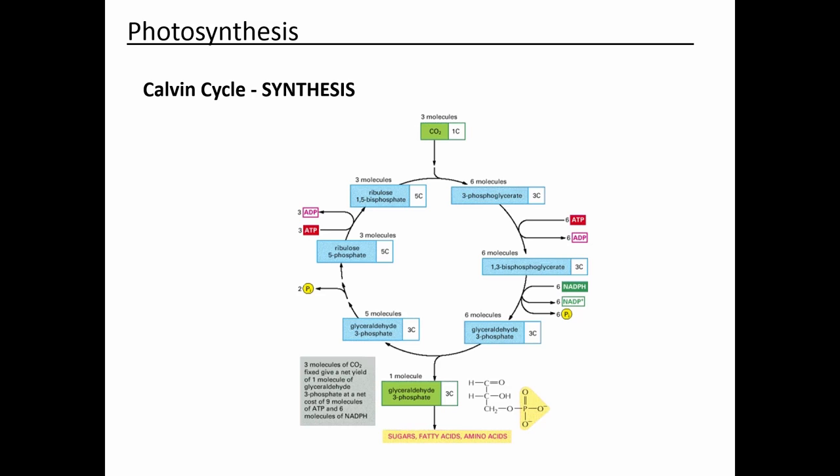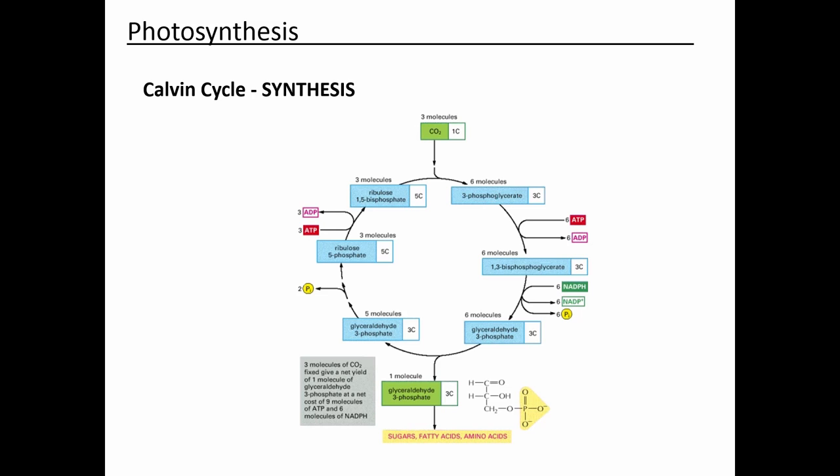In this case, NADPH is going to be the electron donor that's used to reduce the organic molecule. So during this stage, you use both ATP and NADPH. Okay, so you produce six glyceraldehyde 3-phosphates in this step.